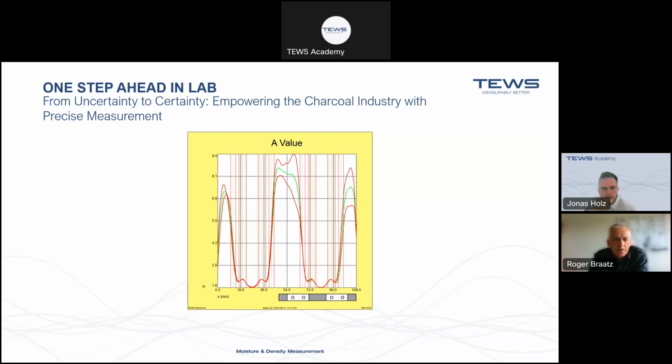In the past, we couldn't measure charcoal inside the filter because the return signal from the microwave was much different to what we know for capsules and for tobacco. As you can see on this result, we have very high signals at the left, in the center, and at the right, which corresponds to the charcoal areas.